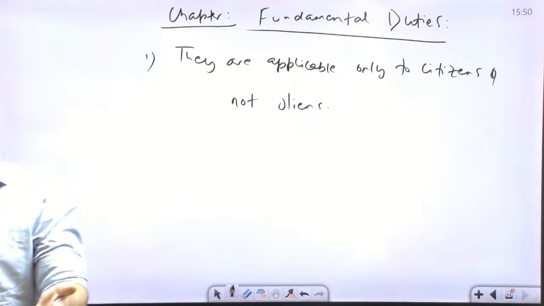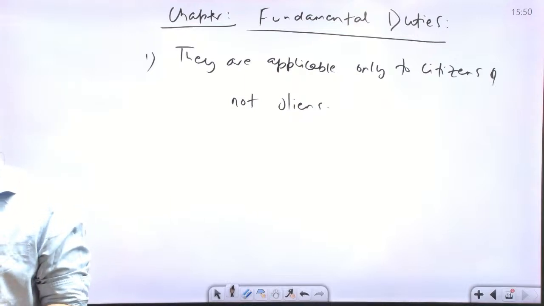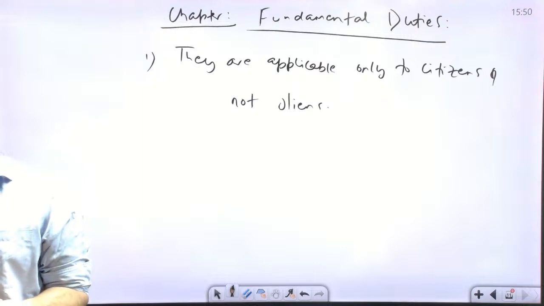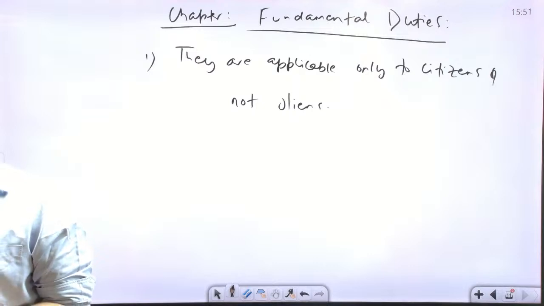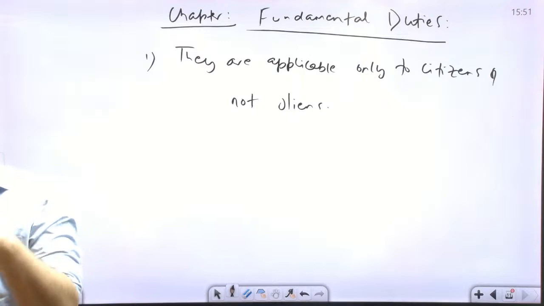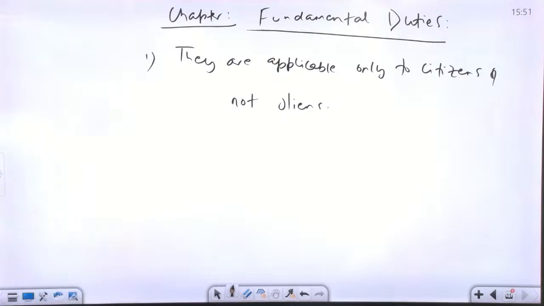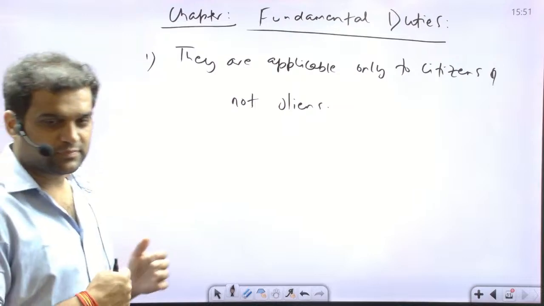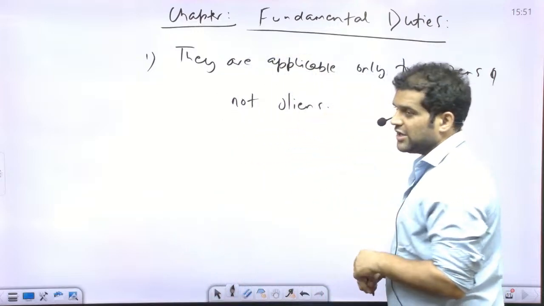Aliens in the sense foreigners. All right. The Constitution uses the word aliens. Aliens are not those creatures shown in Arnold movies, right? Not those aliens. Anybody not Indian is an alien. They are applicable only to citizens and not aliens.